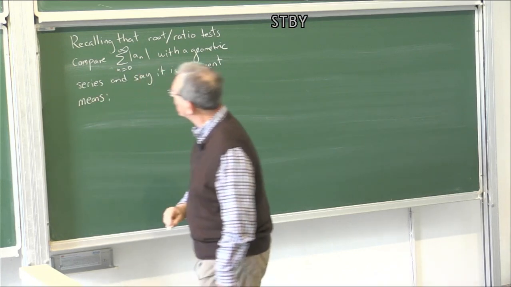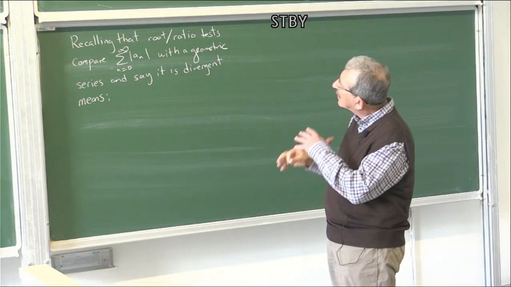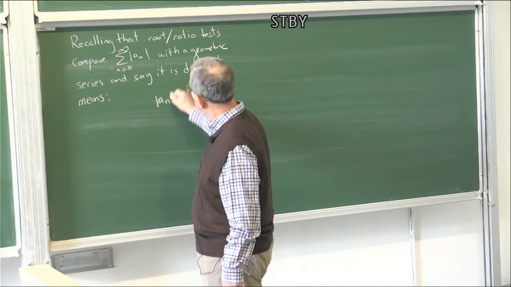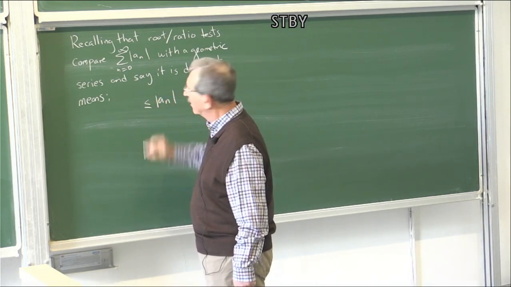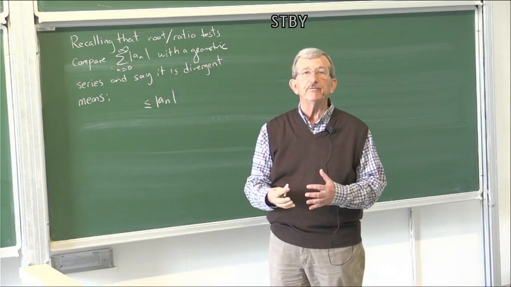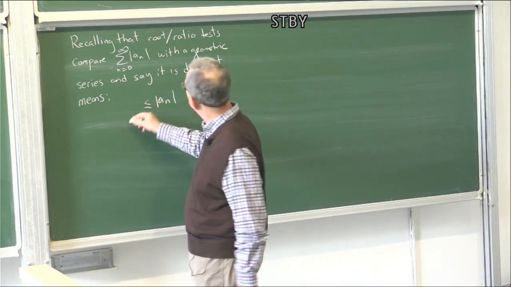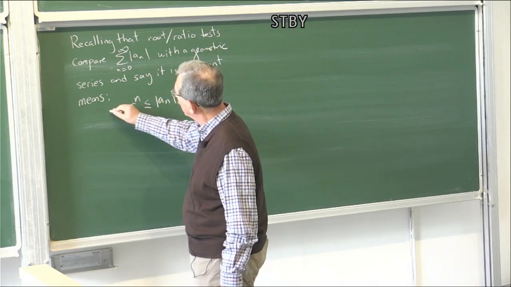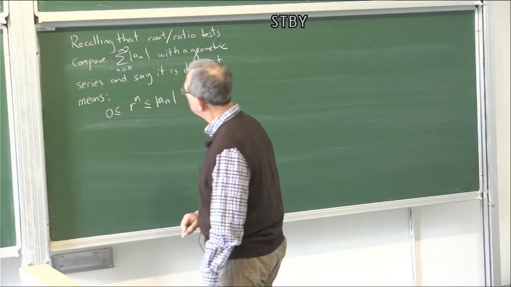It means that we are comparing absolute a_n with some geometric series, perhaps say r to the n, which happens to be positive.